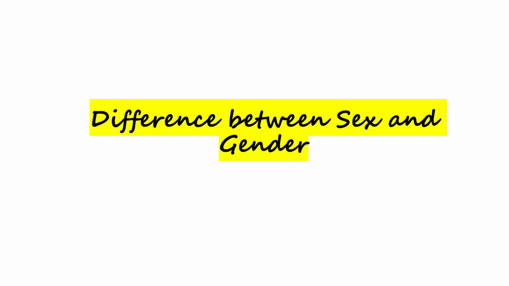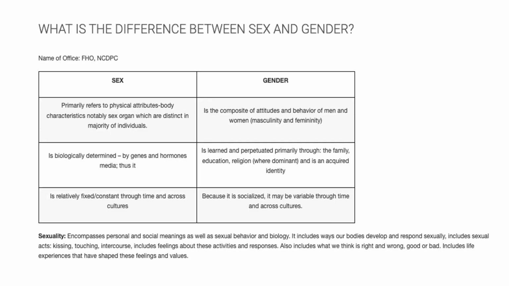Okay, let us now proceed to the difference between sex and gender. Okay, so this is the presentation about the difference between sex and gender. First, sex primarily refers to physical attributes, the body characteristics, notably sex organs, which are distinct in the majority of individuals, while gender is the composite of attitudes and behavior of men and women, masculinity and femininity.